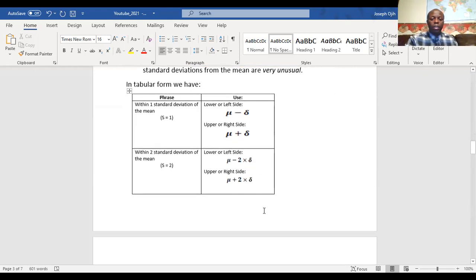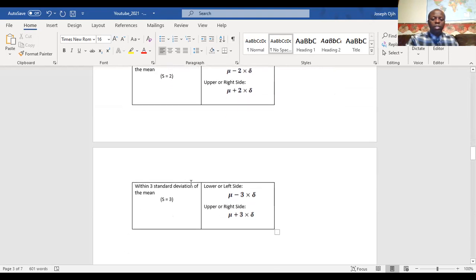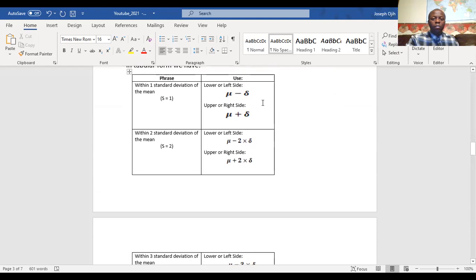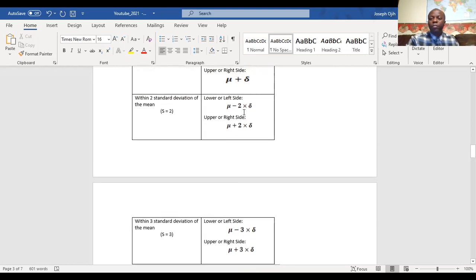Like here, this is 2 standard deviations, this is 1, this is 3 standard deviations. From the 2 standard deviation is the usual rate. Anything that lies above that is unusual, like 3 standard deviations is unusual. So that means we're going to use this formula here for usual because it says usual rate.